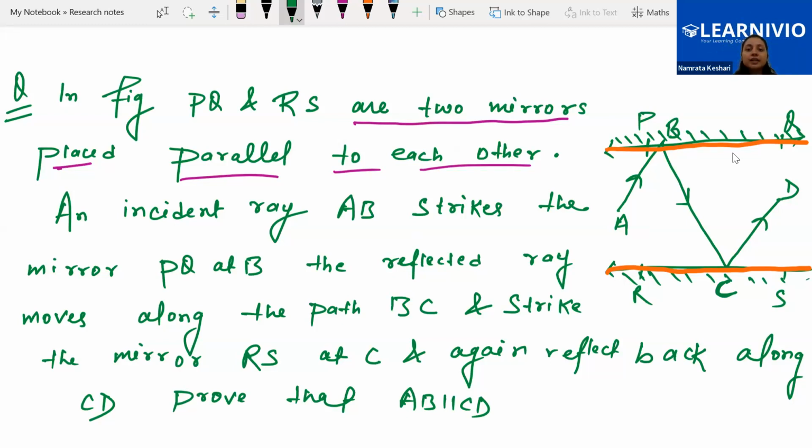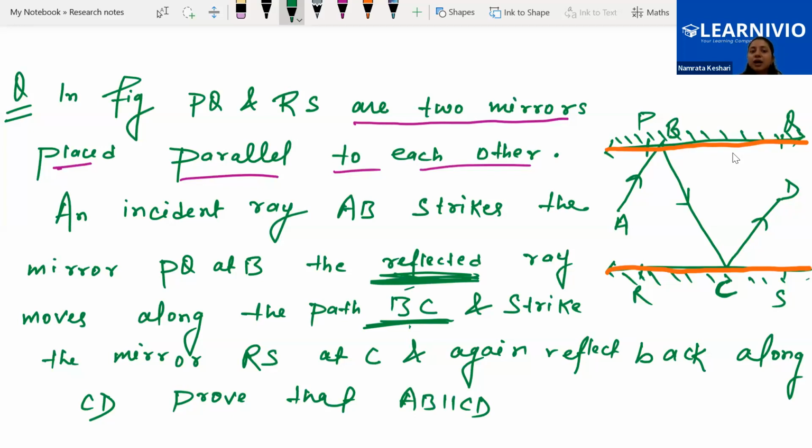The reflected ray, now there is a reflection. The reflected ray moves along the path BC and strikes the mirror RS at C. The incident ray is AB, the reflected ray is BC.